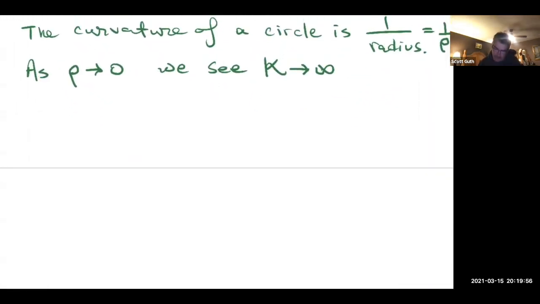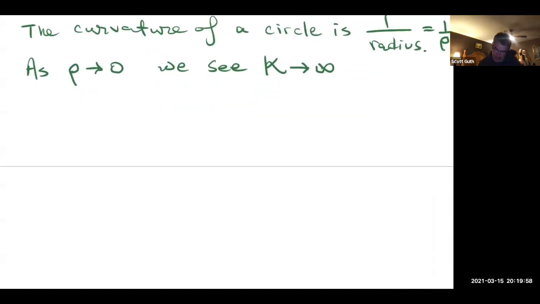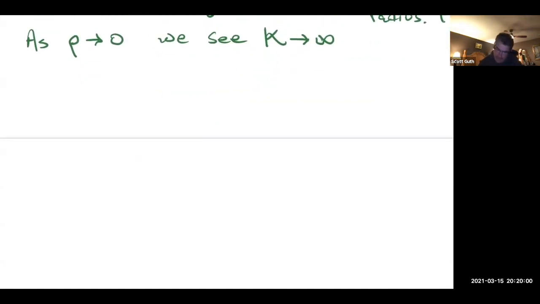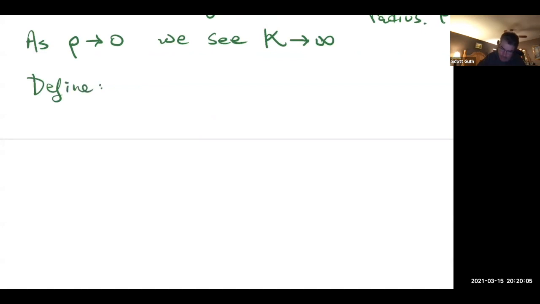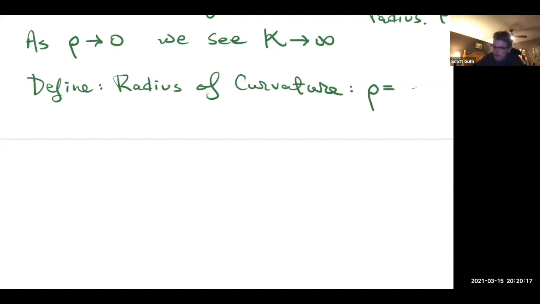So if you think back, we want to go ahead and define the radius of curvature, rho, to be 1 over kappa. This is the radius of what's called the osculating circle.